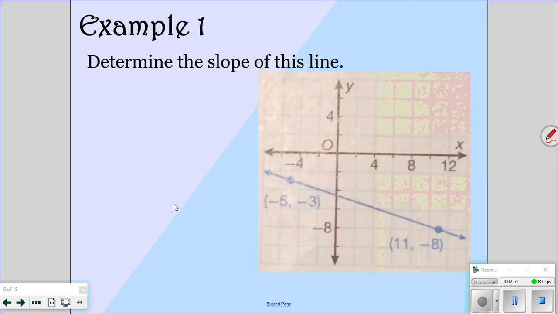So we're going to want to find the slope of this line. So we're going from -8 up to -3. So how far is -8 from -3? Well, that's a change of 5. And then we're going from -5 to 11.